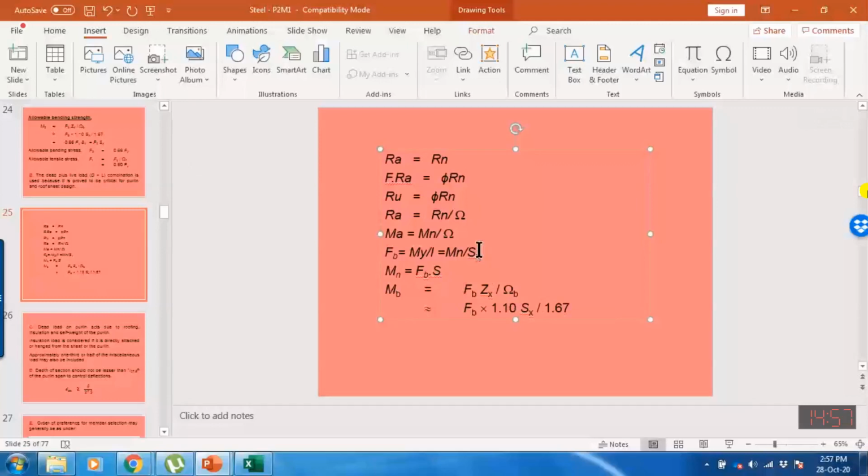Just like I have explained, if a beam is continuously braced, any beam, continuously braced means, as I have told you, that the purlin is thoroughly connected with the roof sheeting with the J-bolt. So there is no chance of lateral buckling. So if any beam is laterally braced, then its capacity is increased. Since it cannot move in the lateral direction, it can take more load. So in that case, we use the plastic section modulus, ZX.